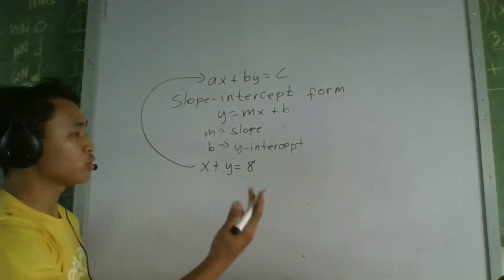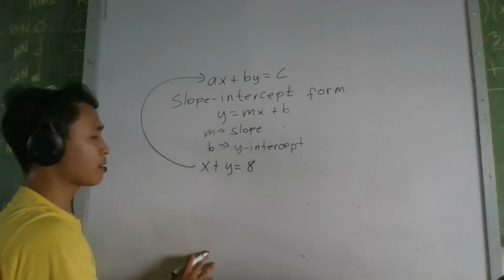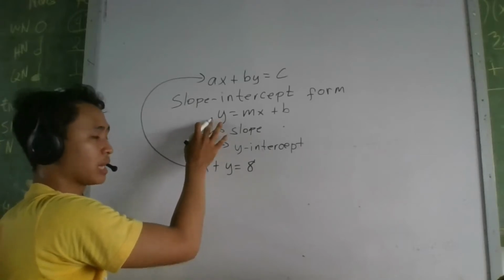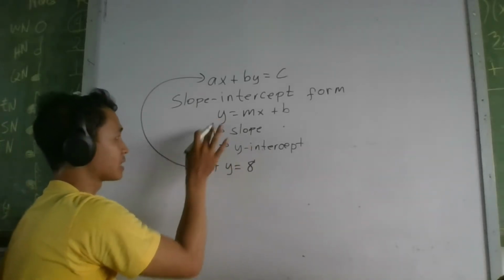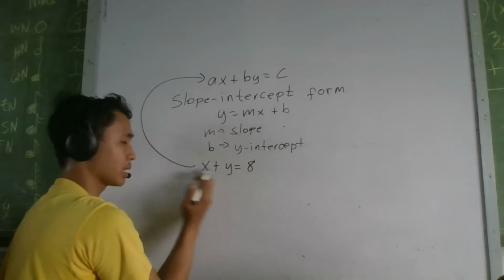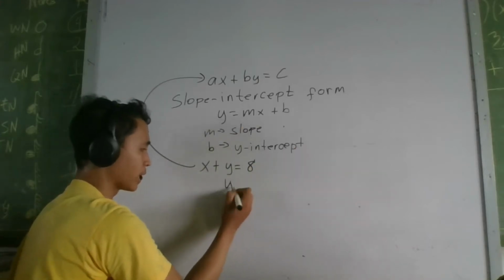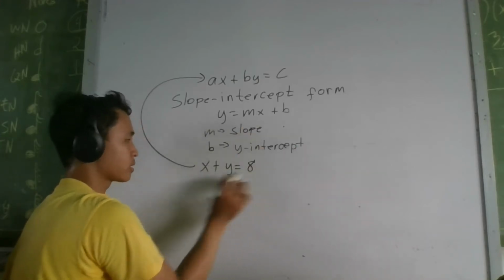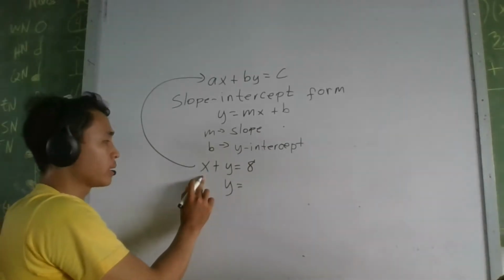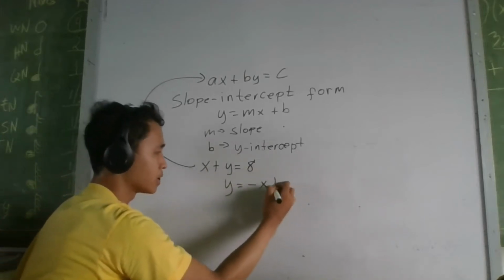So how to change the standard form to slope intercept form? First step is make sure na y na variable lang yung matitira sa left side. Kasi nga sa ating form dito, y lang yung natira. Anong gagawin sa x? Transpose to the other side. So matitira is y equals, transpose x to the other side from positive. Take note, once we transpose, we change the sign from positive magiging negative x, then plus 8.